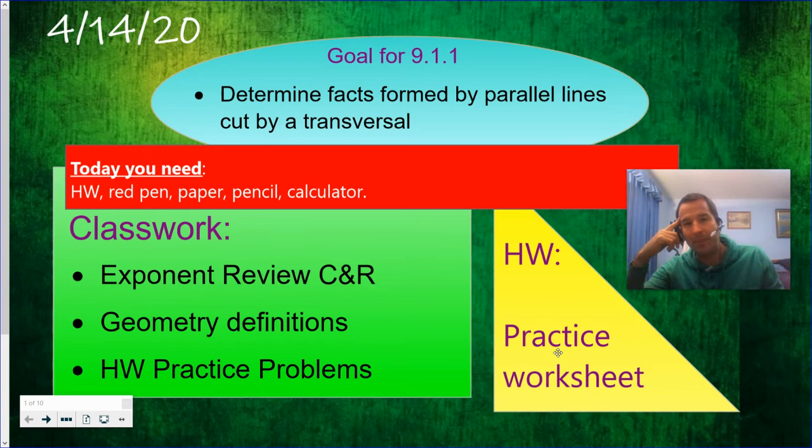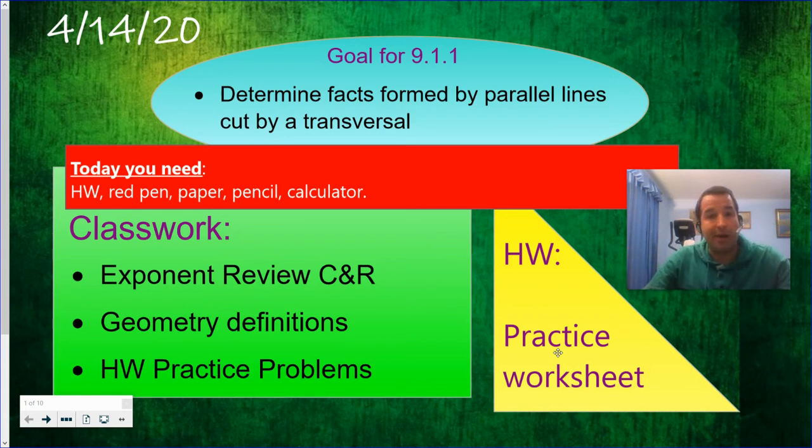The other option is, if you want to, let me know and I can maybe see about making a packet of handouts that I can leave at the office, and then you can pick them up at the office at the beginning of the week, and that would give you the work for the week. But that's just if you need it. If you need it, let me know. If you don't, if you want to just print it off, or look on the screen and write it off the screen, you can do that as well.